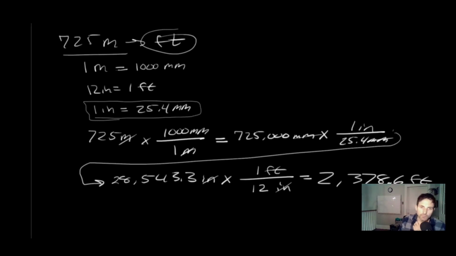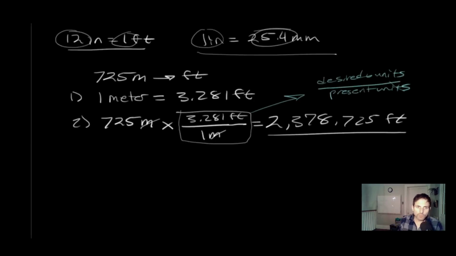So that's how you can, I hope it wasn't too convoluted for you, but I basically used the same problem that we had at the beginning, where we had a direct conversion factor between meters and feet.